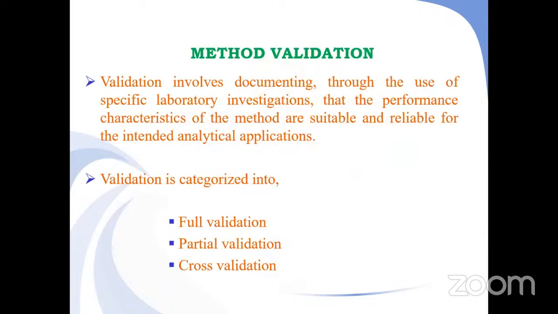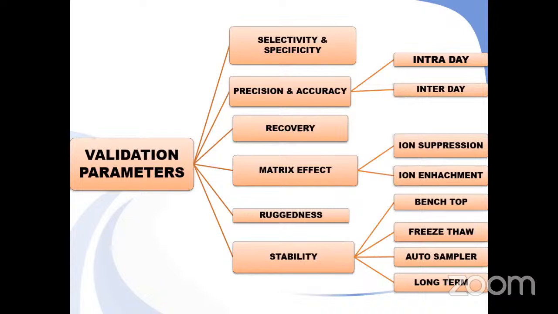Validation parameters. These include different parameters as far as biopharmaceutical analysis is concerned, that is, biological matrices: selectivity and specificity, precision and accuracy, which is intraday and interday, as we know the validation parameters are already there in all analytical methods. Recovery and matrix effect here include ion suppression and ion enhancement.